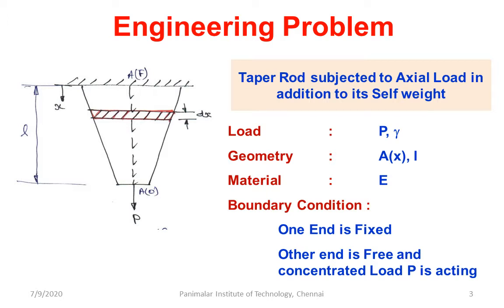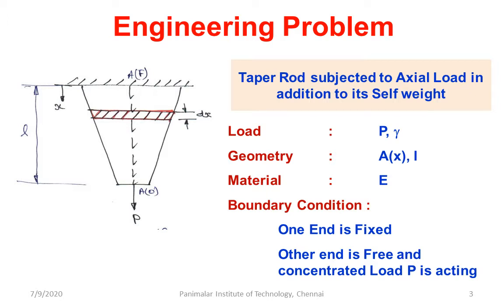In that discussion we came to know that this taper rod subjected to axial load as well as self weight cannot be solved analytically. That means the exact solution is not possible for this type of problem, so we are going to use the finite element method to solve it.